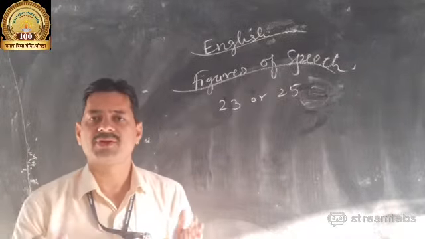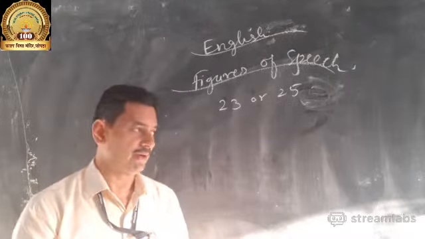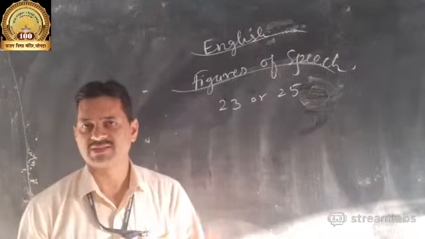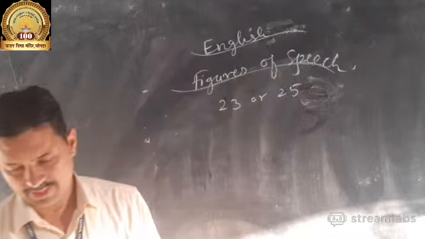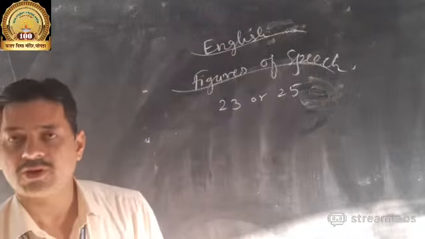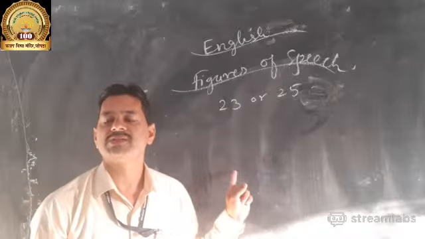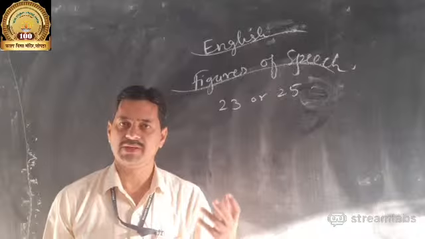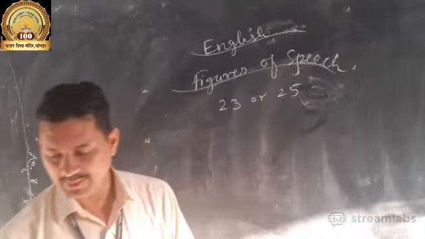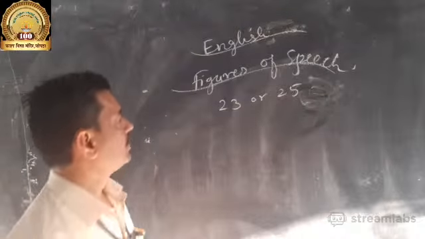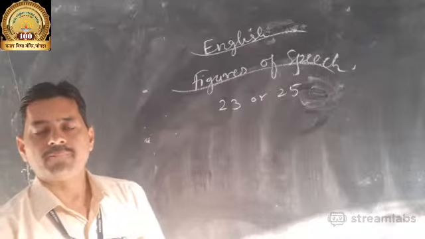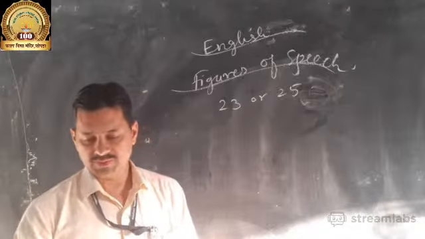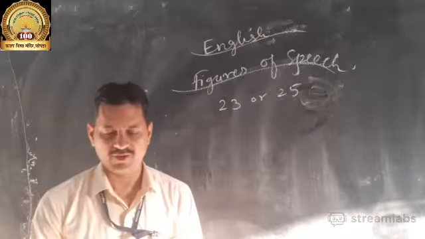So, whatever figures of speech are important or given in our textbook, we will understand them one by one. If it is possible, note all this down in your notebook, so that you can identify them easily, and it can be a good revision for you. So, be ready for that.